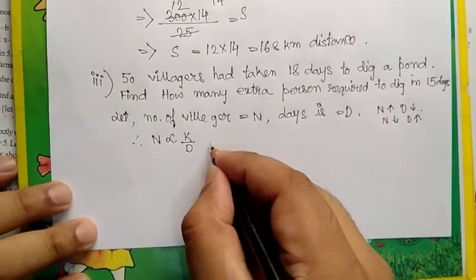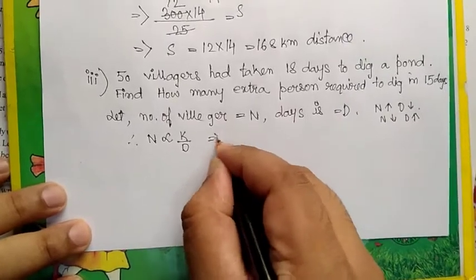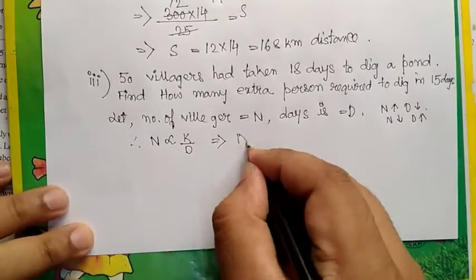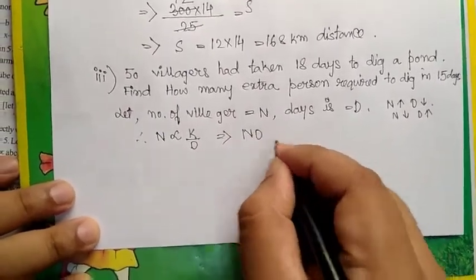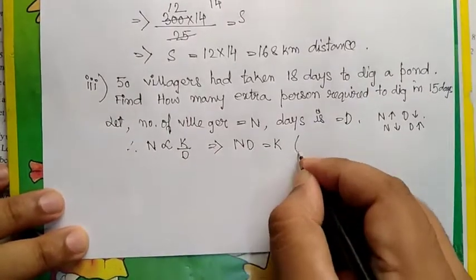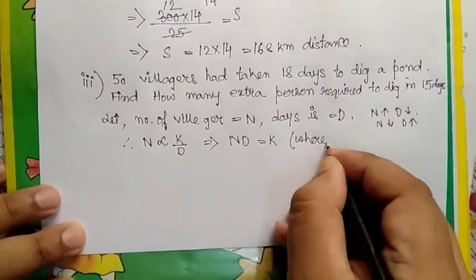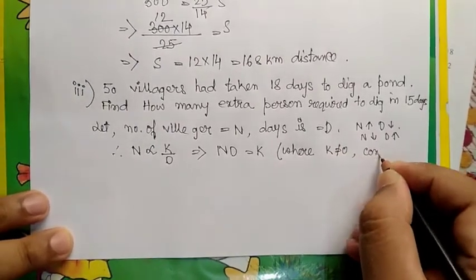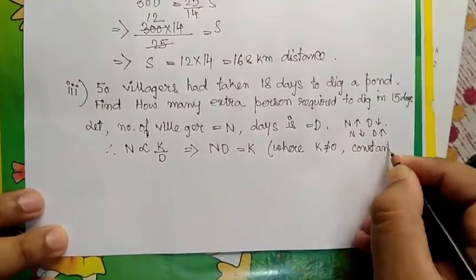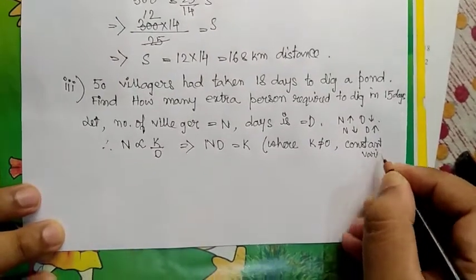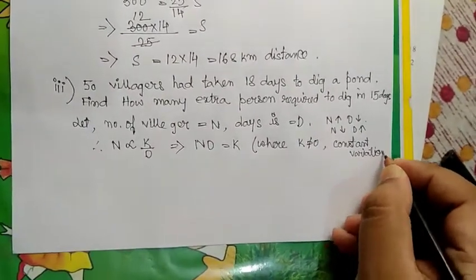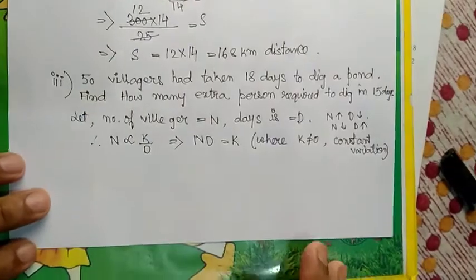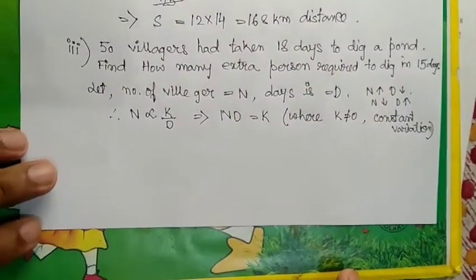So from this we can write n d equal to k, where k not equal to 0 and constant variation.